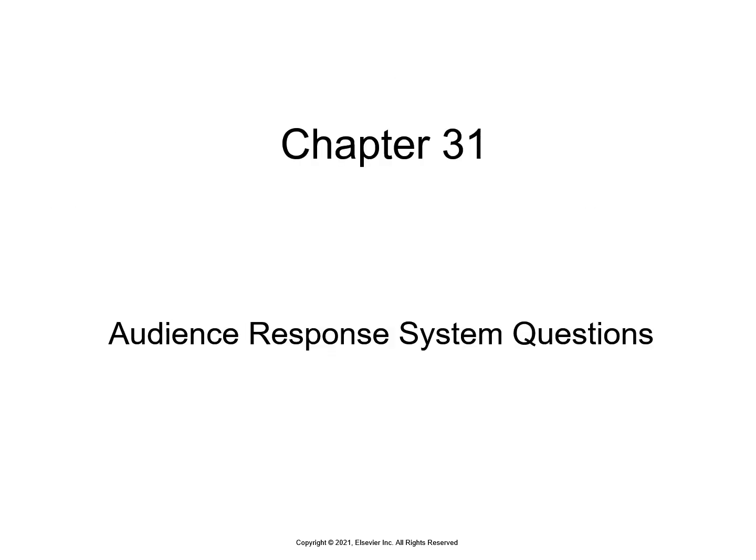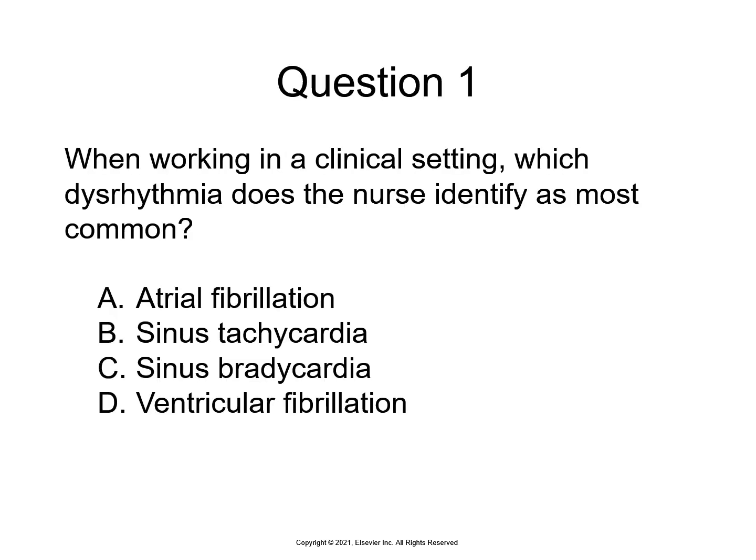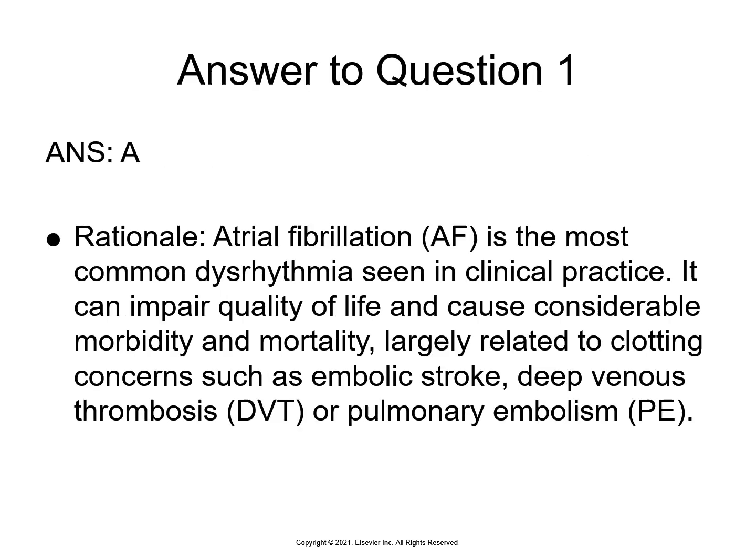So in this case, I am going to look at these questions. When you're working in a clinical setting, which dysrhythmia does the nurse identify as most common? What is the most common dysrhythmia? As we've said before, the most common dysrhythmia, atrial fibrillation, is seen in clinical practice.